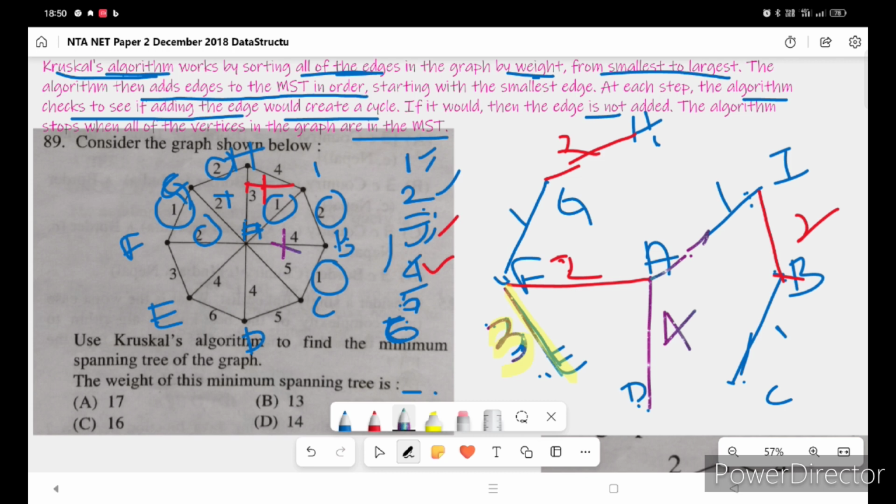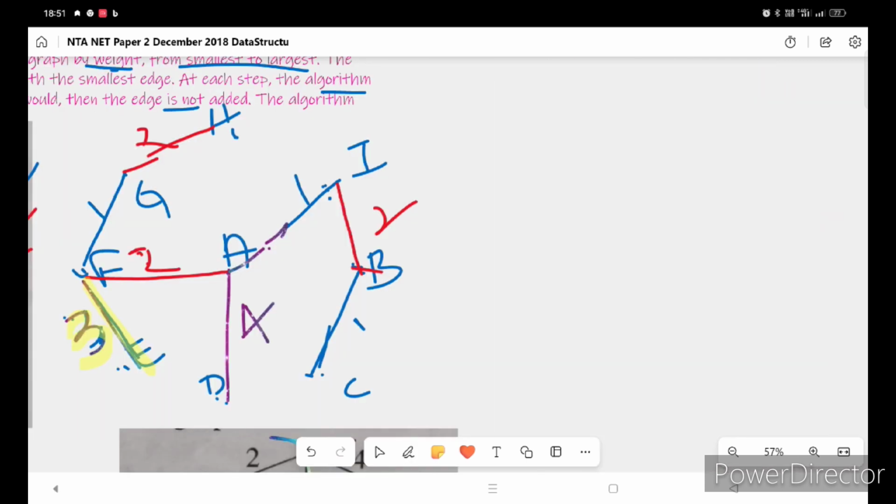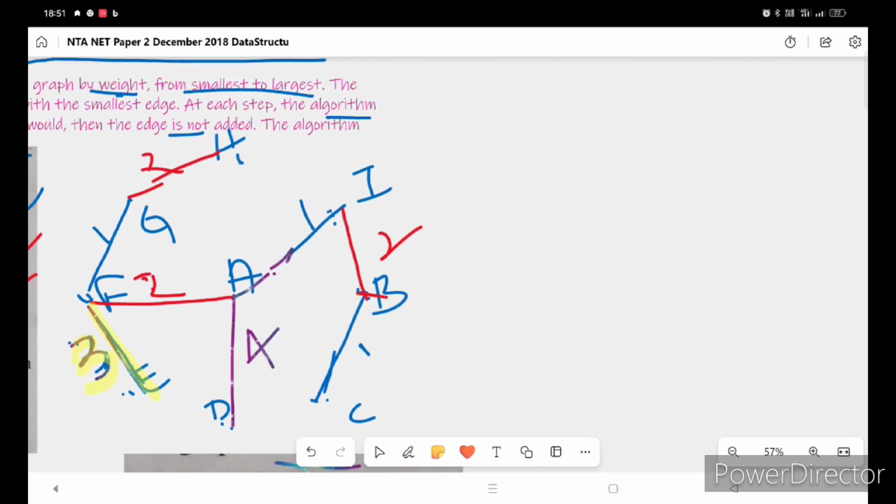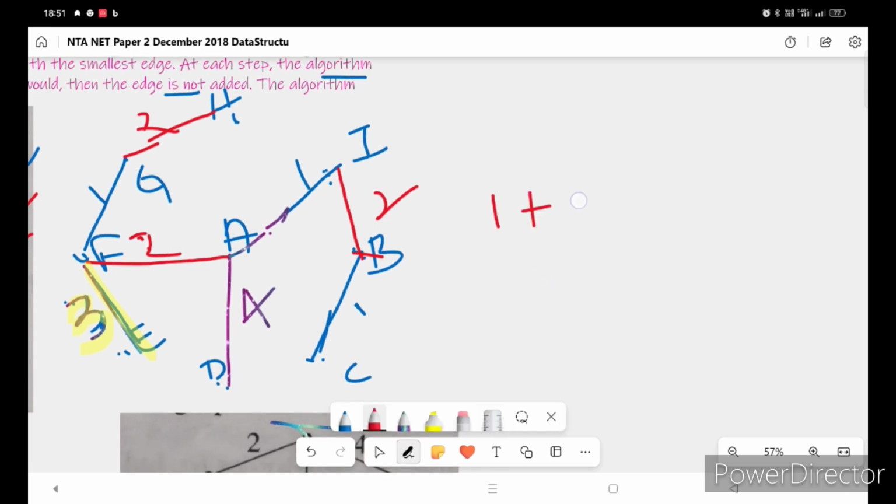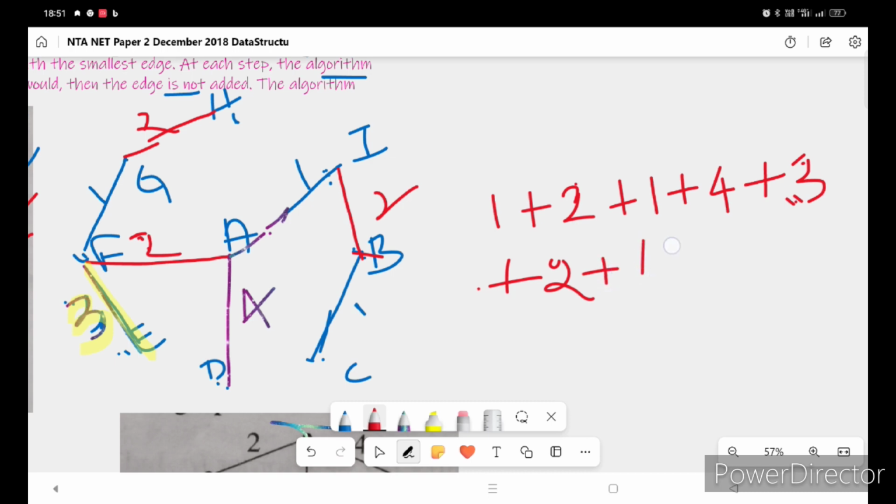Now we have to calculate the weight of the same. A to I, we have a value 1. I to B 2, B to C 1, A to D 4, F to E 3, A to F 2, F to G 1, G to H 2.